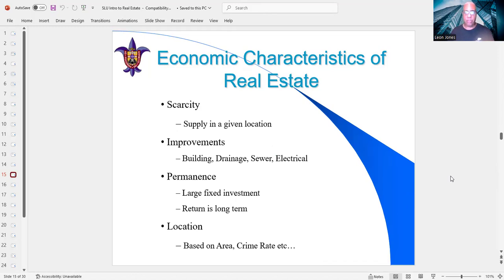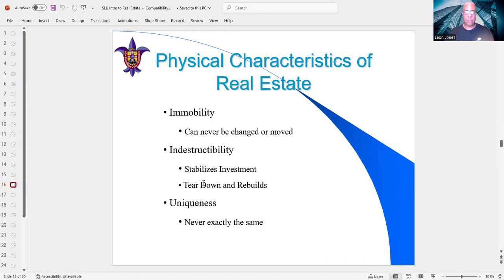And then a location, crime rate based on area. We also have immobility, can never be changed or moved. This is the physical characteristics of real estate. Now, then we have indestructibility, stabilizes investment, tear down and rebuilds. And again, uniqueness, never exactly the same.